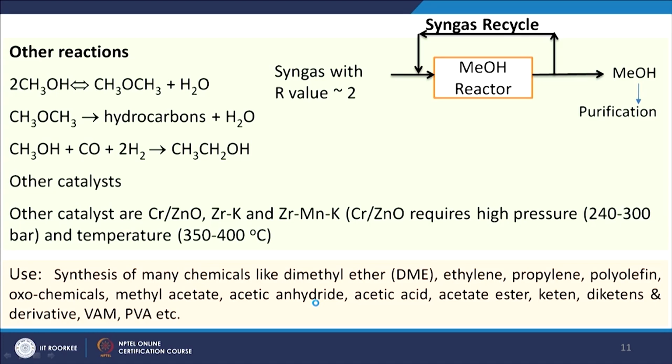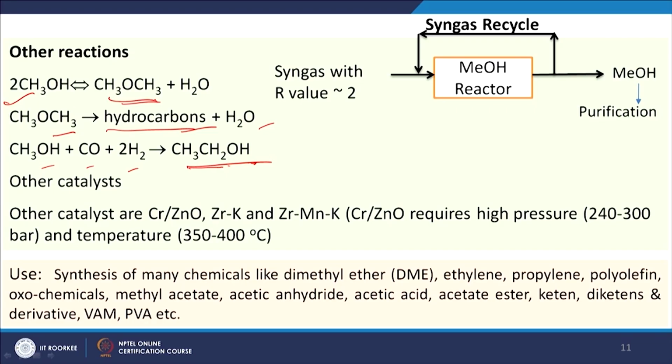Apart from those major reactions, some other reactions take place. As you see here, methanol is converted to CH3OCH3 dimethyl ether, and then dimethyl ether to hydrocarbons plus H2O, and methanol plus CO plus 2H2 can also give us CH3CH2OH. So, some side reactions are going on in this reactor that produce hydrocarbons, higher alcohols, even some amount of ether.